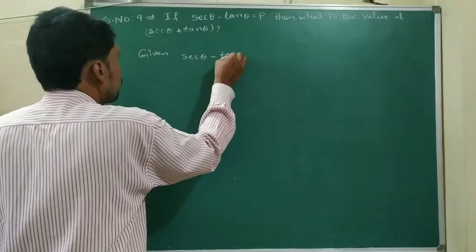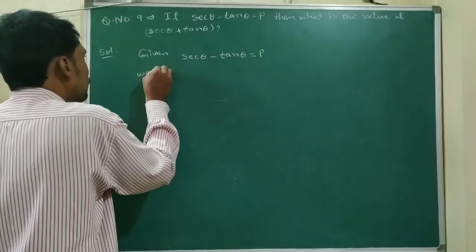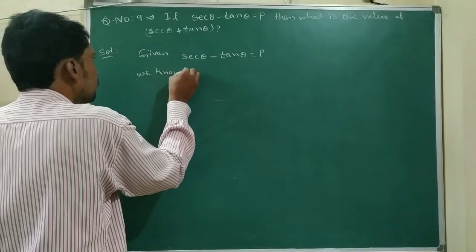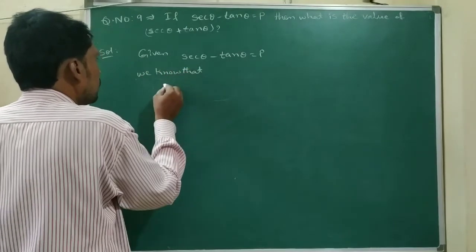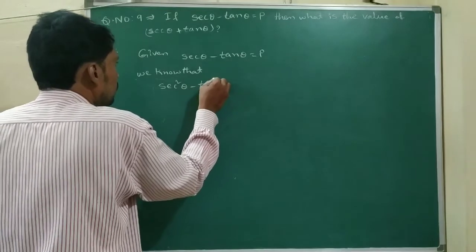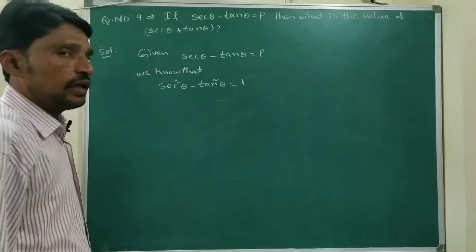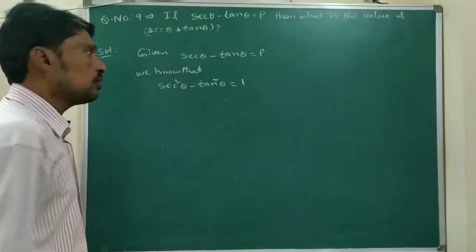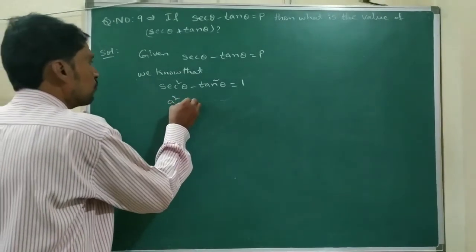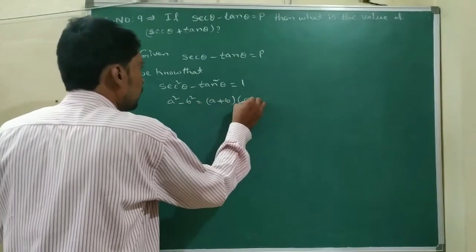So given sec theta minus tan theta equal to P, we know that sec square theta minus tan square theta equal to 1. It is of the form a square minus b square. So a square minus b square means we can write a plus b into a minus b.